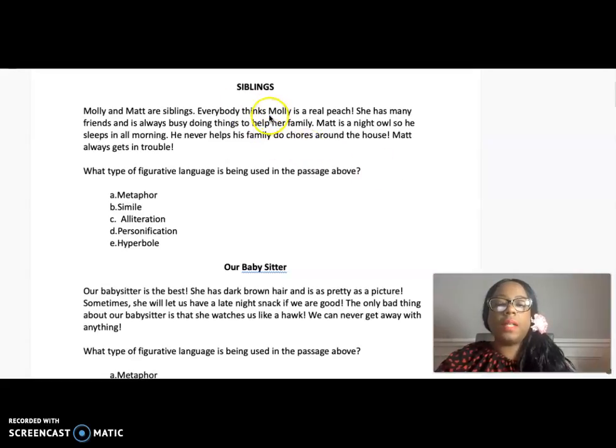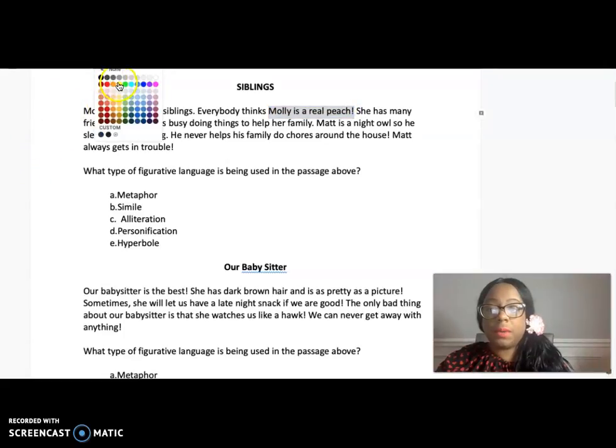So, I want to pinpoint a few things. Number one, it says that Molly is a real peach. That sounds like figurative language to me, so I'm going to go ahead and highlight that. And then if I go along in the story, it says that Matt is a night owl. So I'm going to highlight that too.